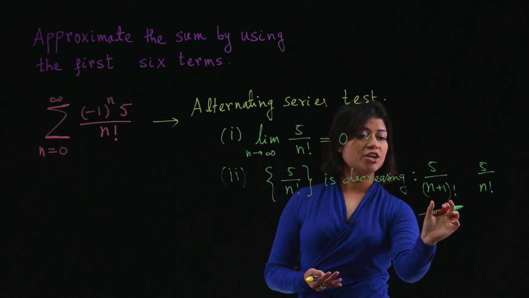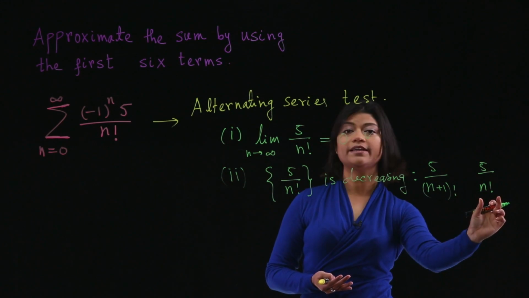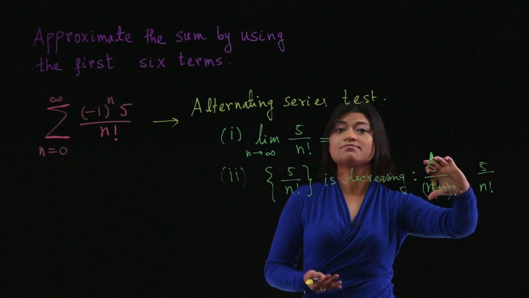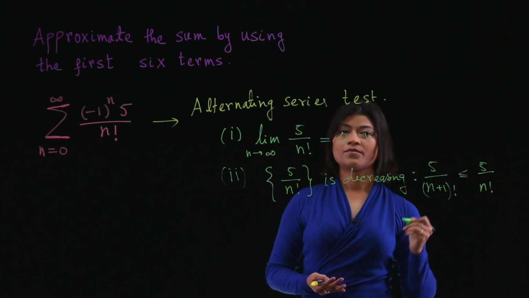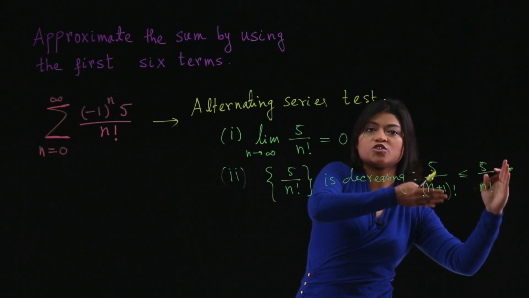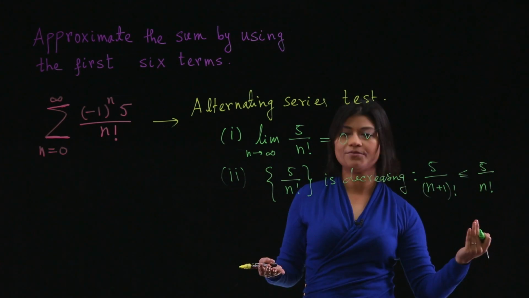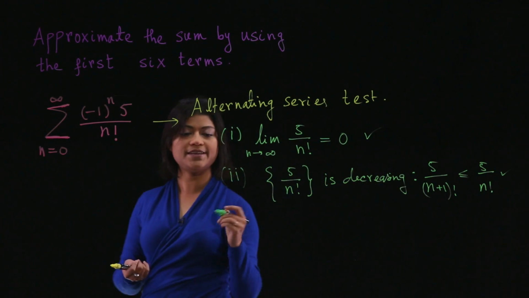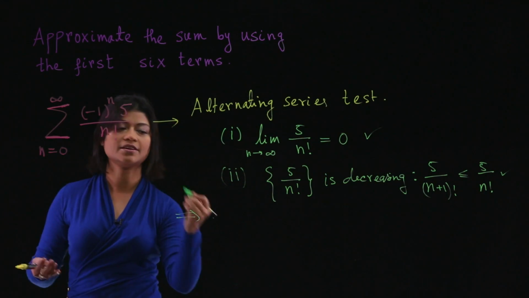Well, the denominator of this one is bigger than the denominator of the other one, and so the whole thing is smaller. So the (n plus 1)th term is smaller than the nth term, and therefore it is decreasing. So it checks. And so the alternating series test says that your series converges.